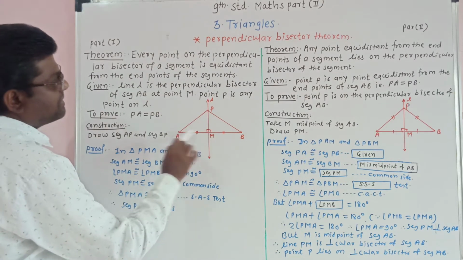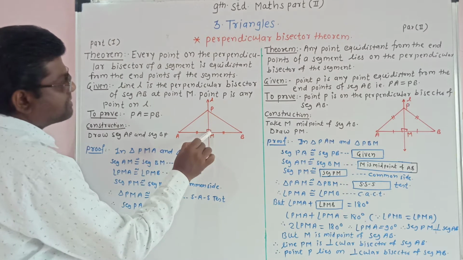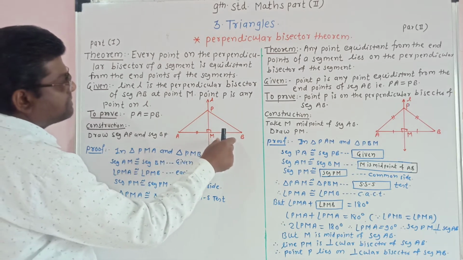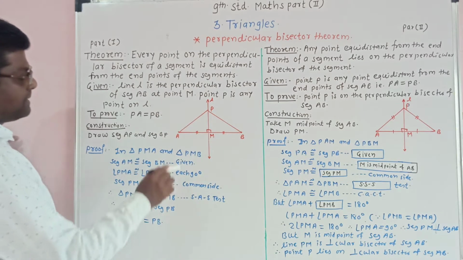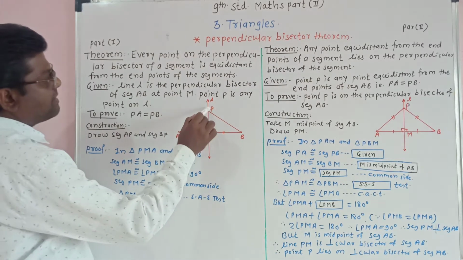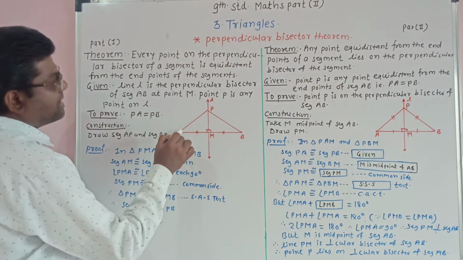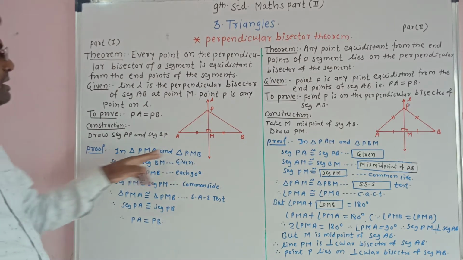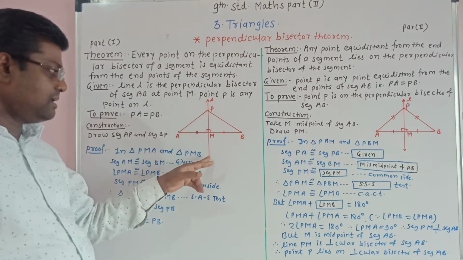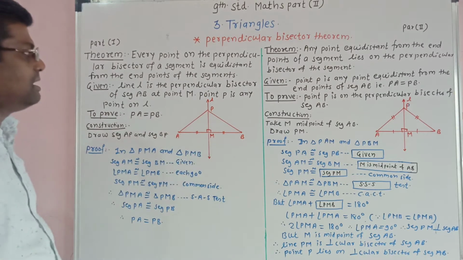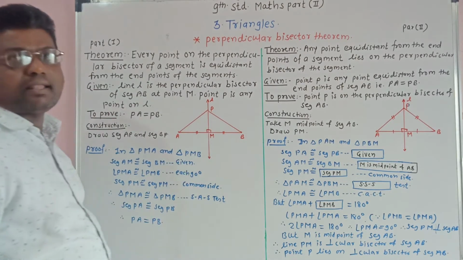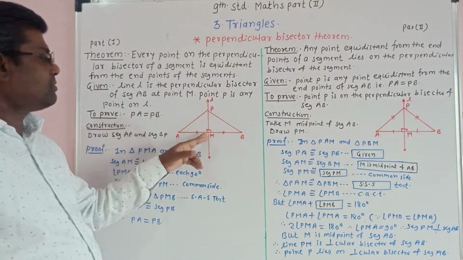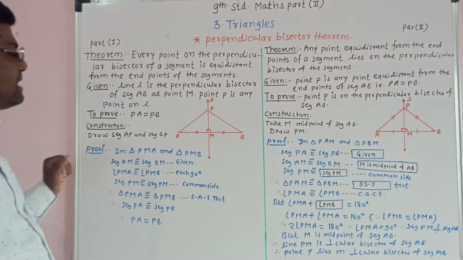L bisects AB at M, therefore M is the midpoint of AB, therefore segment AM is congruent to segment BM. It is given. Then angle PMA is congruent to angle PMB. This is each 90 degrees, because line L is perpendicular to AB, therefore these two angles are 90 degrees.